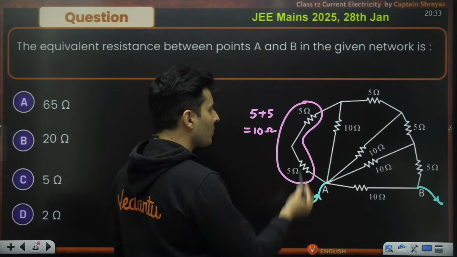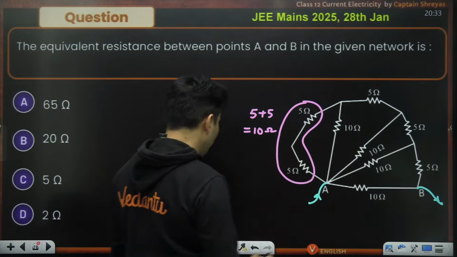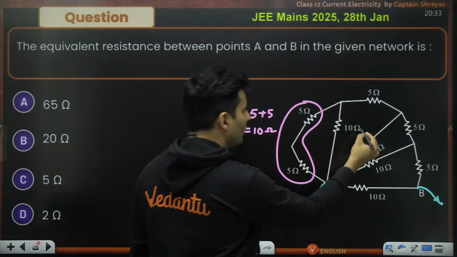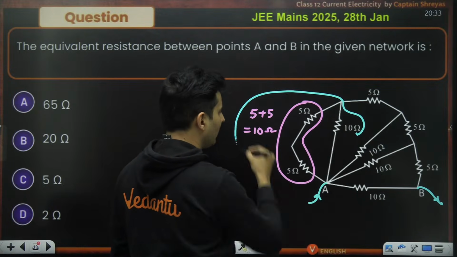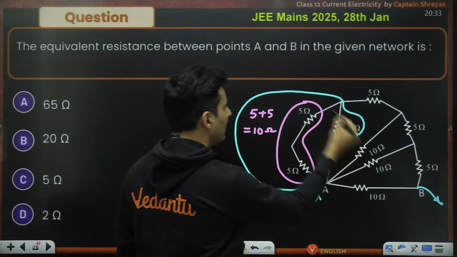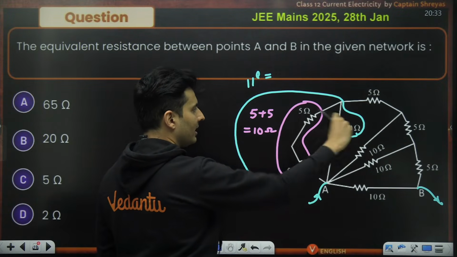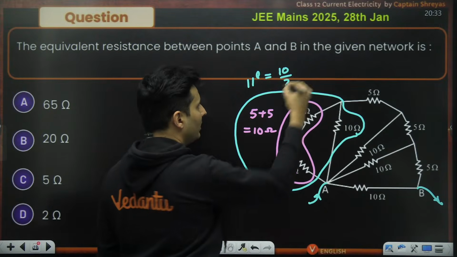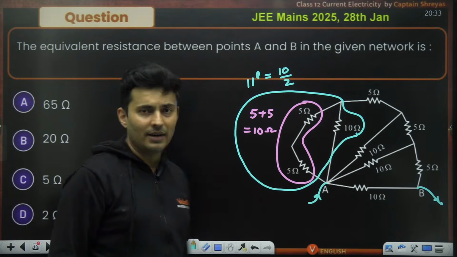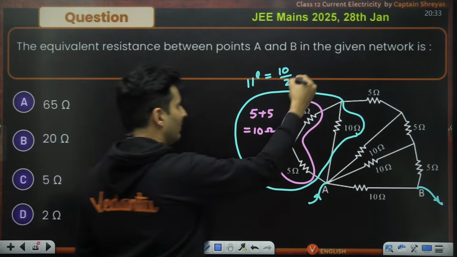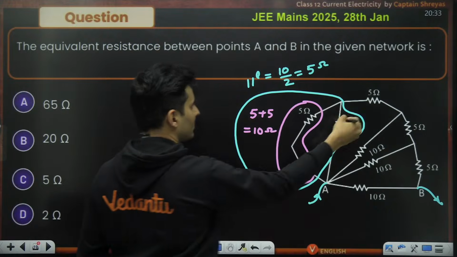Okay, no problem. So first, this 10 ohm and this 10 ohm, they both are in parallel. So the equivalent will be 10 divided by 2, which is nothing but 5 ohms.